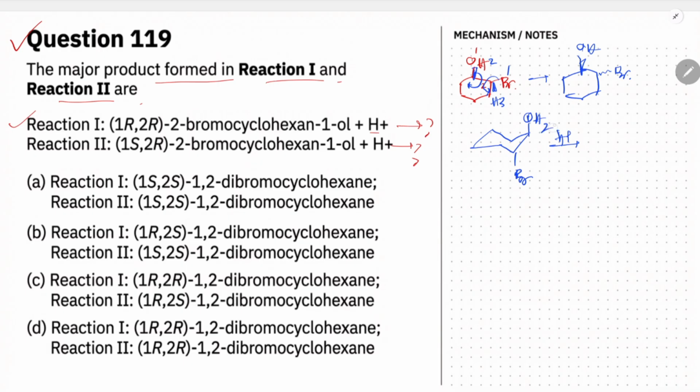In the presence of proton, we get OH2 plus. Now this bromine will attack and form a bridged bromonium ion, and this is bromine plus.